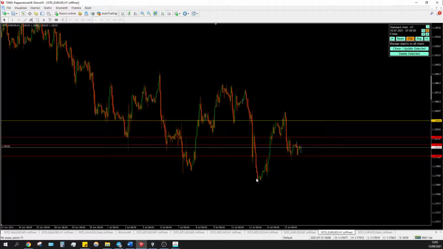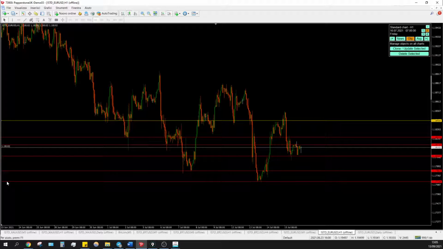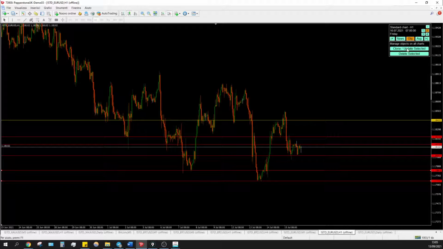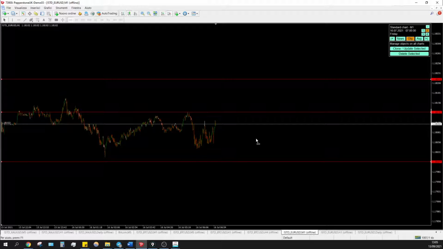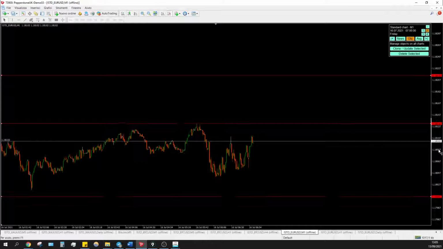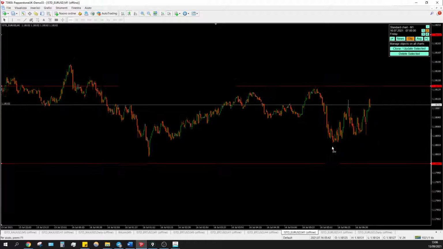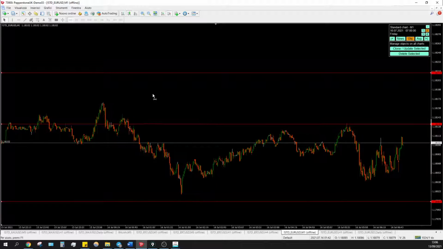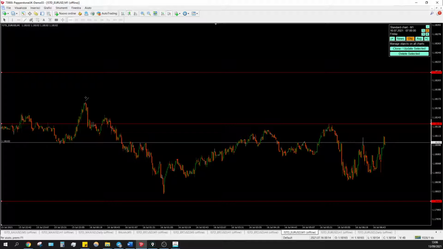Let's put one here, one. Okay, let's go on the 1 minute. We are at London Open, remember? So we might see some spikes, but we don't have a strong bias yet.